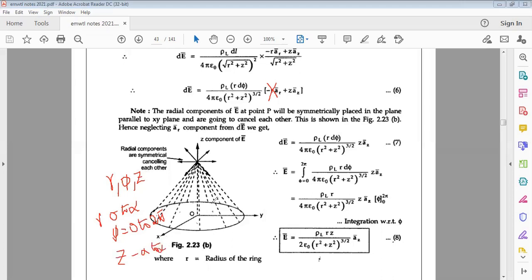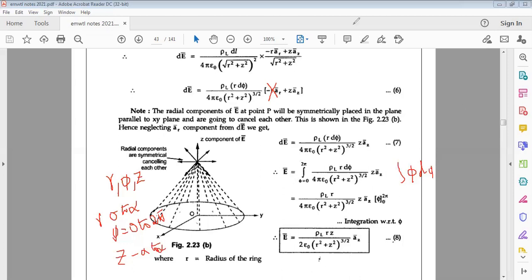You know, these are the variables we have. So here the differential element is d phi, so you take the integral with phi values 0 to 2 pi. The remaining components are constant: rho L R by 4 pi epsilon naught R square plus Z square whole power 3 by 2 Z aZ bar.